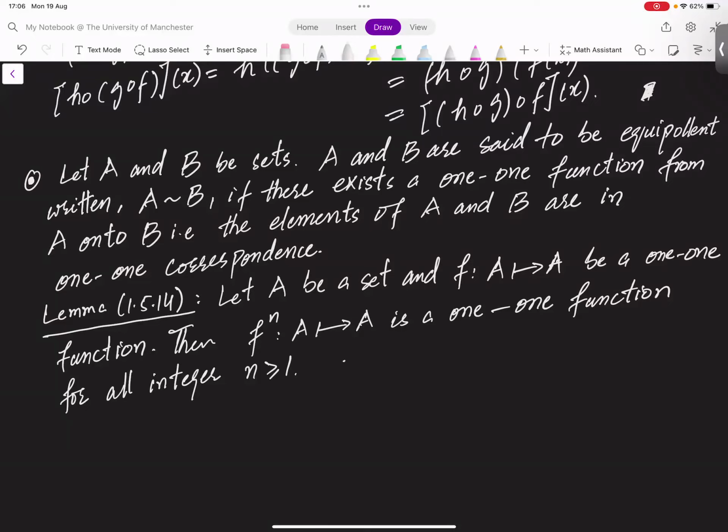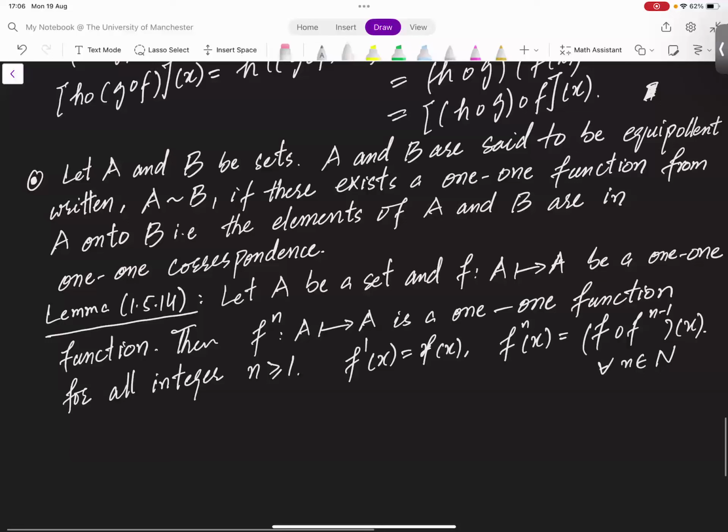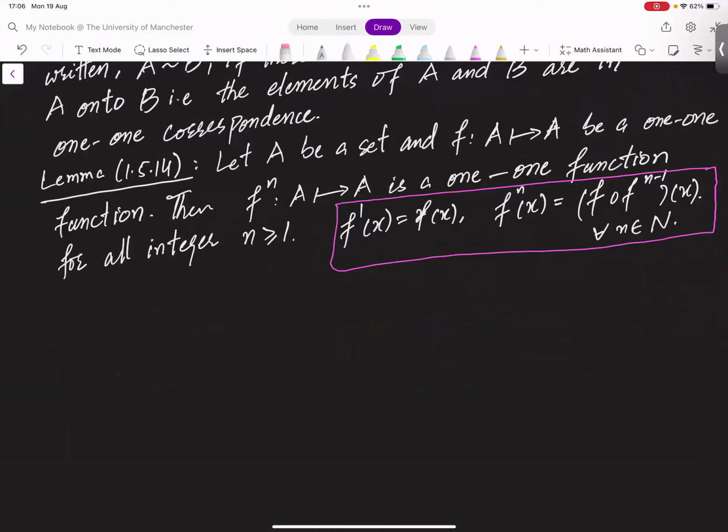For clarity, f power 1 of x is f of x, and f power n of x is f compose f power n minus 1 of x for all n in N. Now we know this, and then we will prove this lemma.